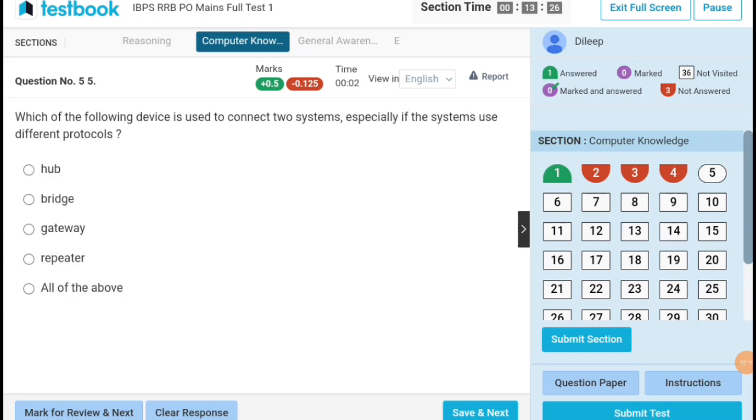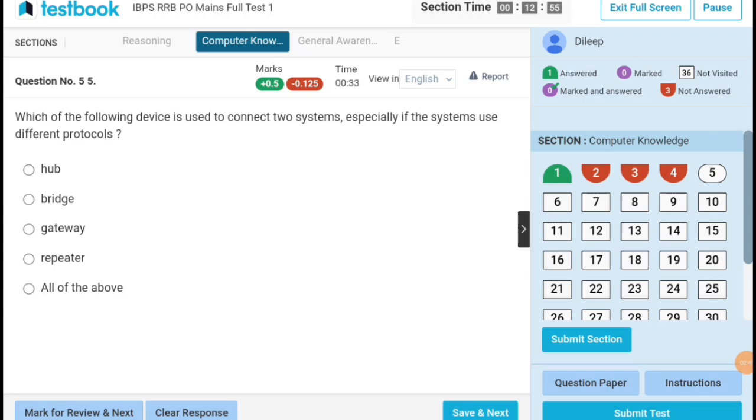Which of the following devices is used to connect two systems, especially if the systems use different protocols?